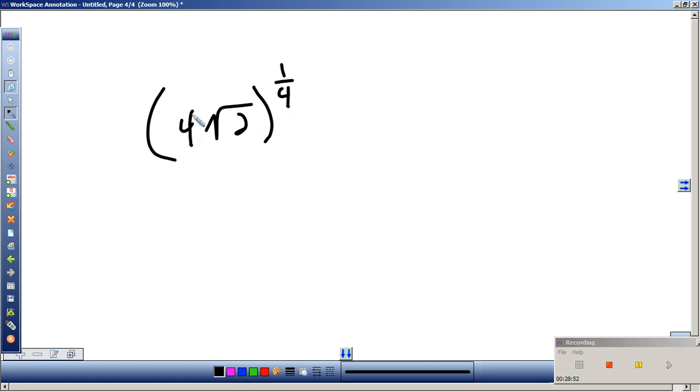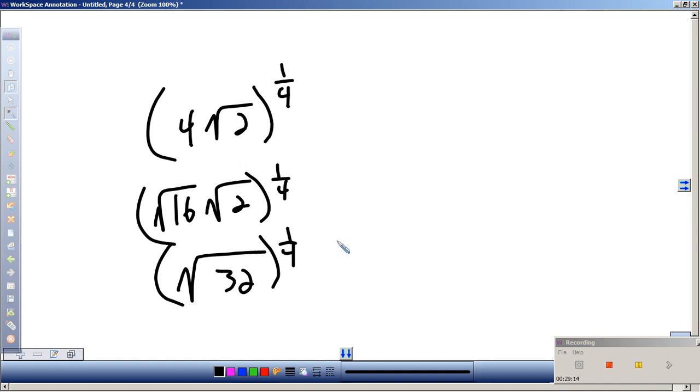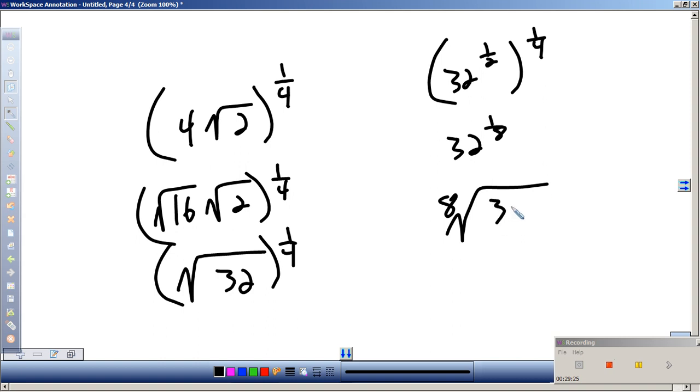Okay, so I'm going to rewrite this as maybe square root of 16 times square root of 2 raised to 1/4. Right? But 16 times 2 is the square root of 32 to the 1/4, and this can be written as 32 to the 1/2 raised to 1/4. So 32 to the 1/8, or the 8th root of 32.